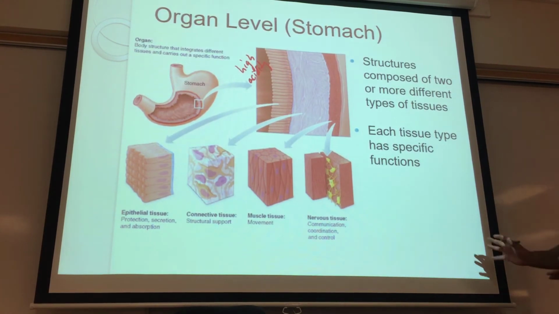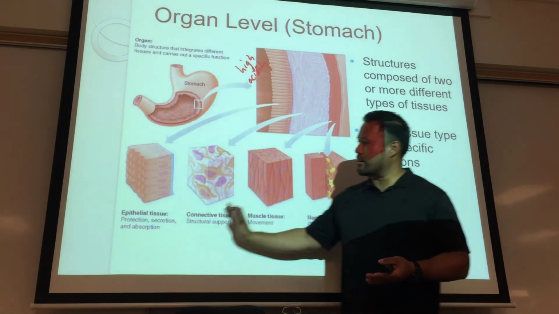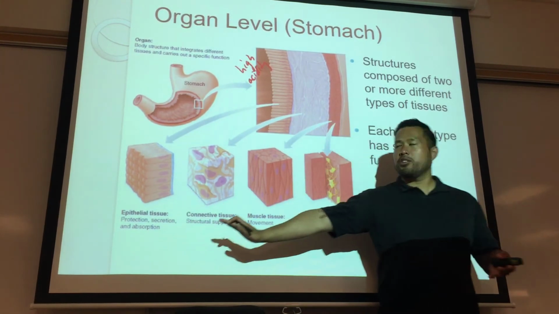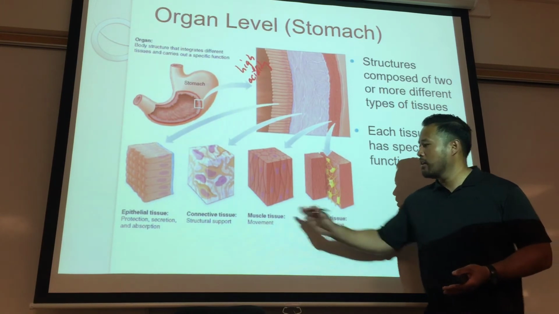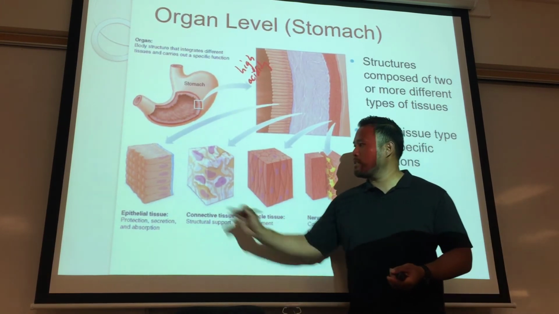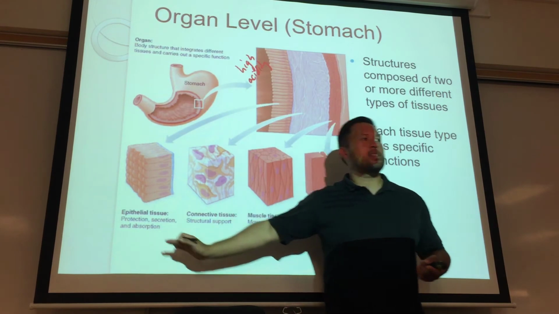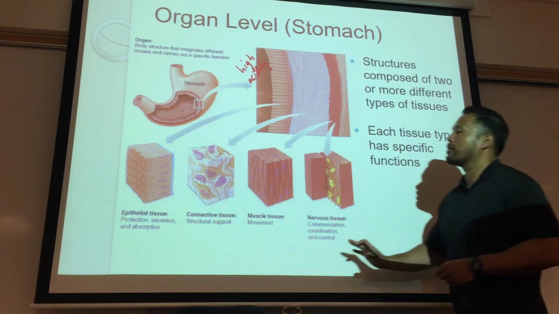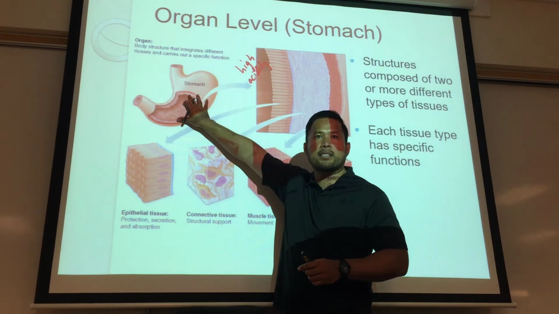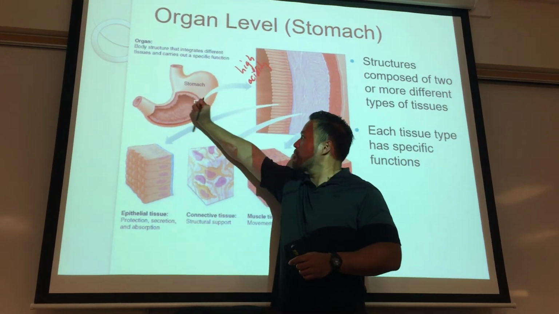So now that we have all these together, now we have these 4 different layers. You'll see that each of these has its function: nerve to communicate, muscle to contract, connective tissue to hold together, and epithelial to protect. All these tissues come together as an organ to contribute to one major function, of which the stomach, we'll learn, is for the production of stomach acids and mechanical digestion.